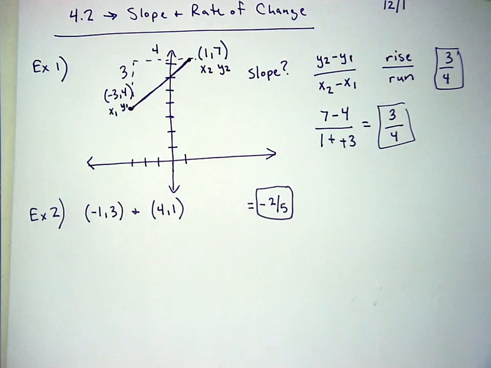Stuck? Which way do you want to do it? The graph way or the formula? Okay, so then you have to pick one of the points to be x1 and y1. Okay, so right, x1, y1. And then this one would make x2 and y2.